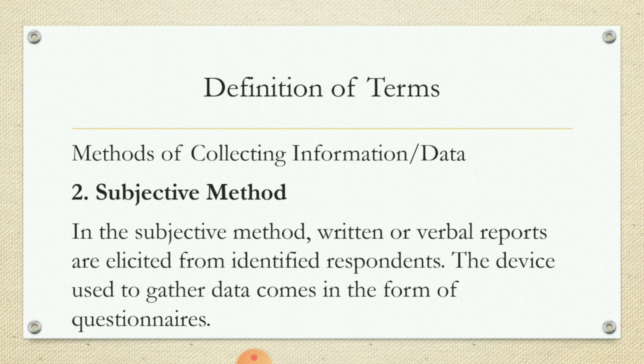Questionnaires will be given to your respondents, and your respondents will answer that questionnaire. From that questionnaire, you're going to collect or gather the necessary information. Or if you wish it to be verbal, you may use an interview as a medium.